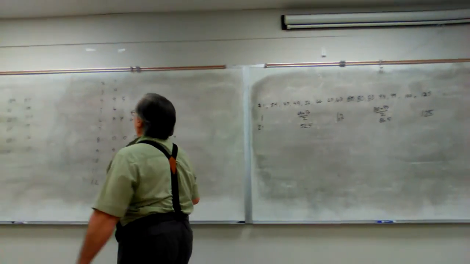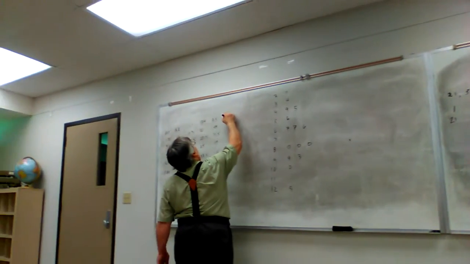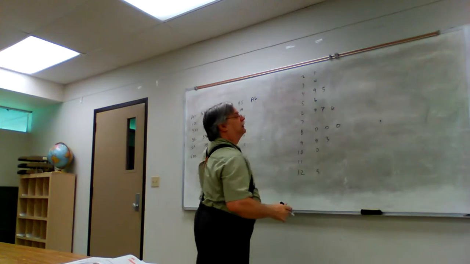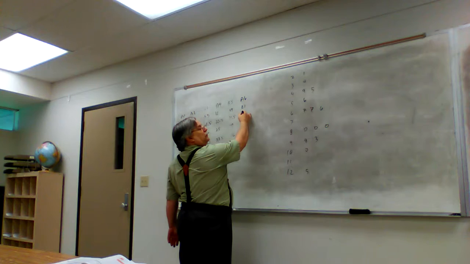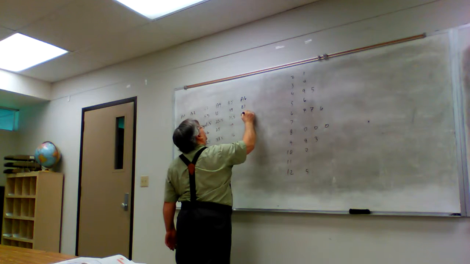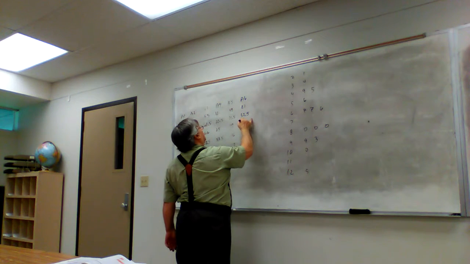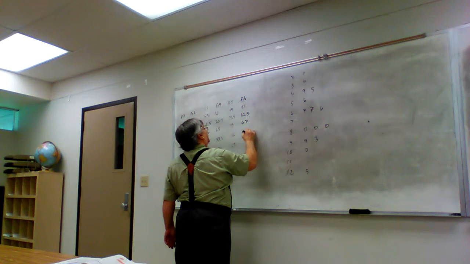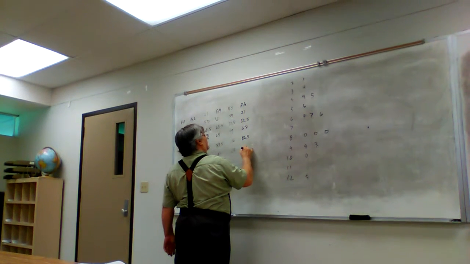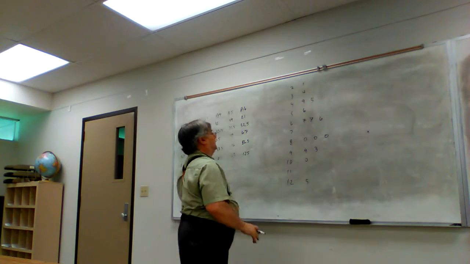That's 86.5. So A6 is 21, 52.5, all right.